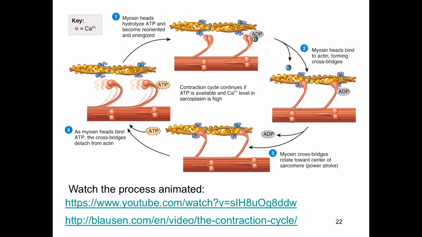Now, a quick qualifier here. You can watch certain videos on the internet, including this one that I have here, that will say that the loss of this phosphate happens differently. Instead of just saying cocked with ADP and phosphate, they'll say it cocks and reaches up and touches the binding site. Then the phosphate is released, and then we have tight binding.